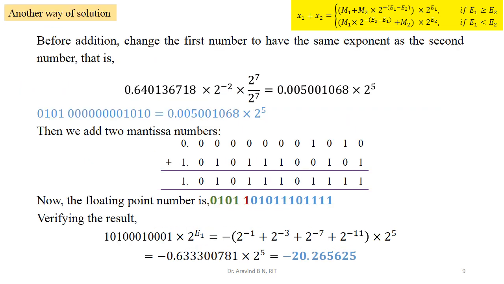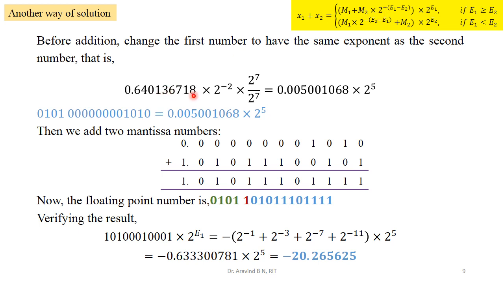Now this is going to be the other way of providing a solution. In this solution we are trying to make the exponential values e1 and e2 equal so that we can apply the first rule. So how to make it equal?